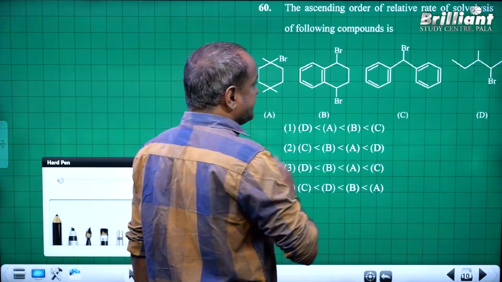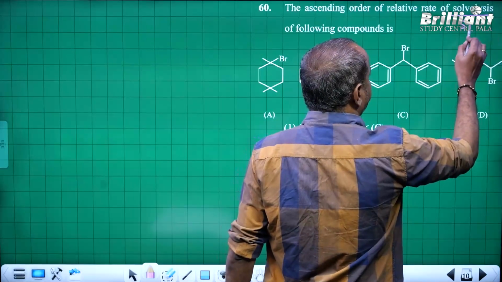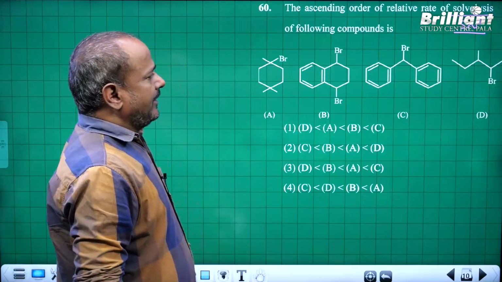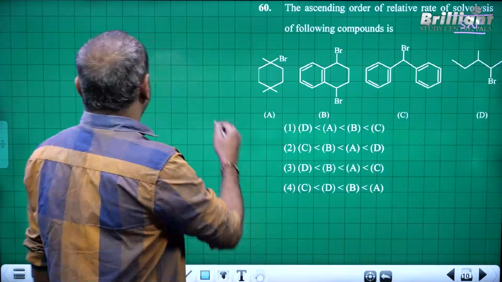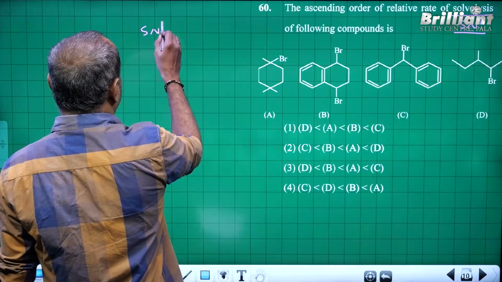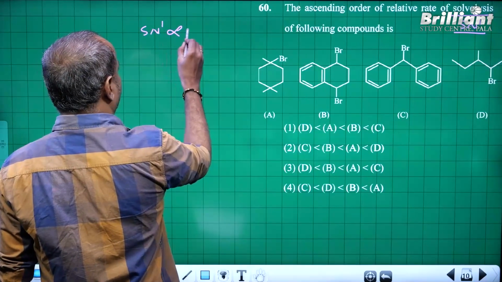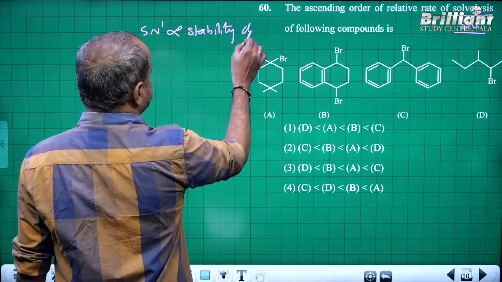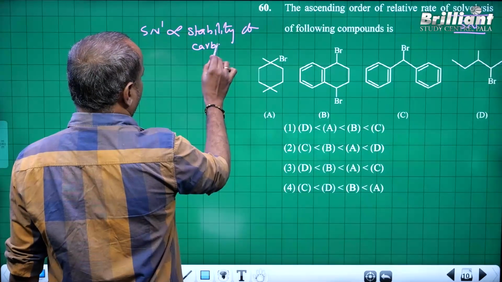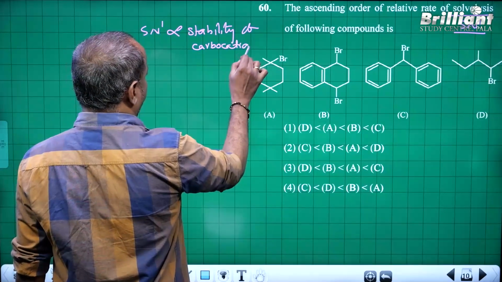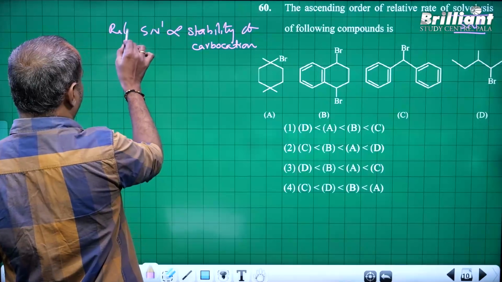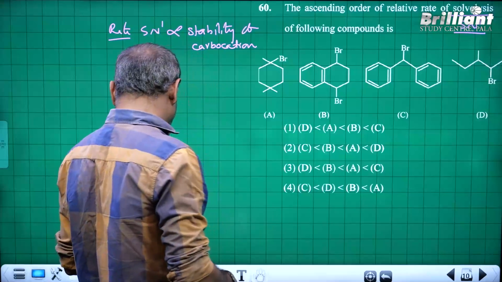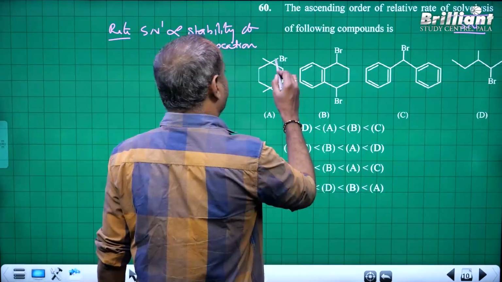Solvolysis means SN1 mechanism, that is through a stable carbocation. The rate is proportional to the stability of the carbocation. So just convert them into carbocations and compare stability.